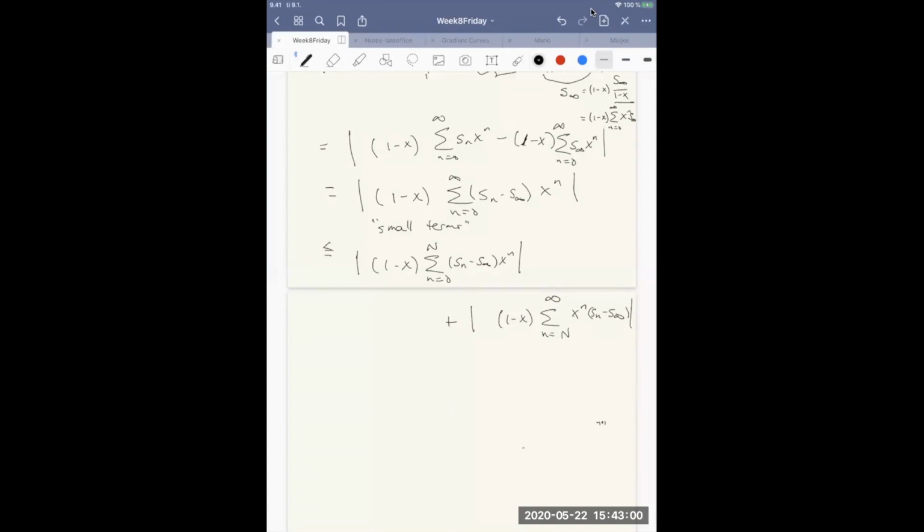Okay, well, these are estimated. They will both be less than epsilon over 2, but let's see the bounds for both of them.